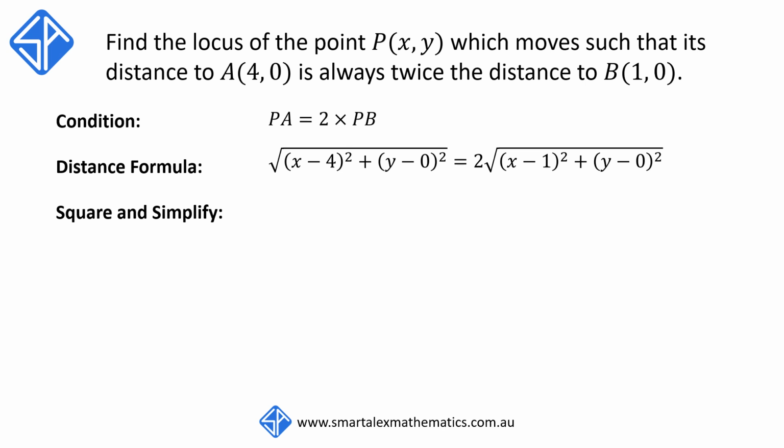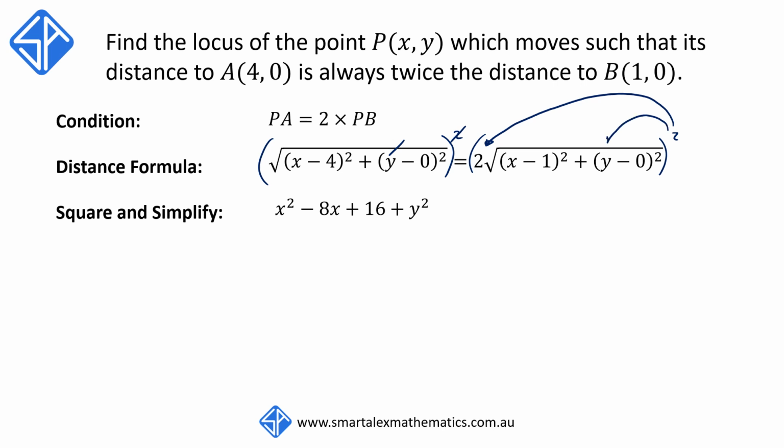When we square the left-hand side, this is going to get rid of the square root sign. And when we expand out the bracket, we're going to get x squared minus 8x plus 16 plus y squared. For the right-hand side, when we square it, the square is going to apply to the 2, giving 2 squared, which is 4.